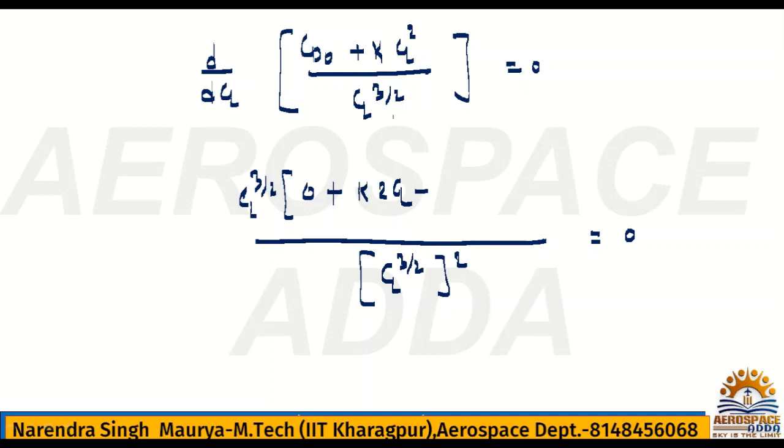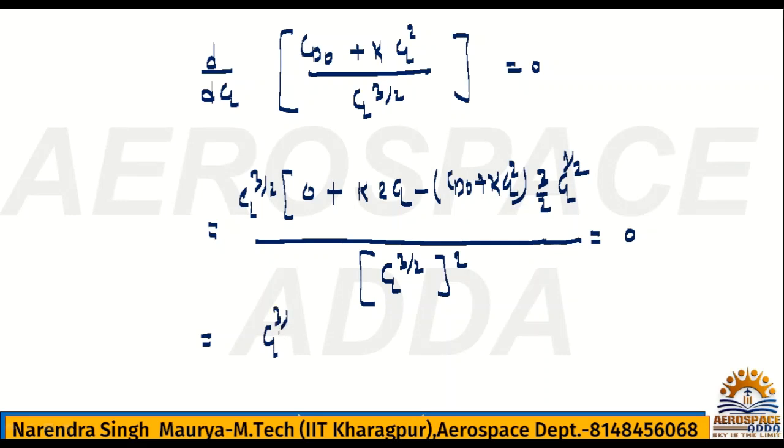Then minus, take the first numerator as the complete bracket, which is CD naught plus KCL square, into the denominator derivative. What is the denominator derivative? The derivative of CL to power 3 by 2 is 3 by 2 CL to power 3 by 2 minus 1, so it is 1 by 2. Because the right side is 0, you can write CL to power 3 by 2 outside the bracket.